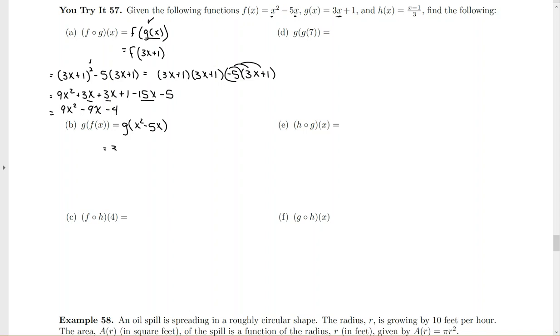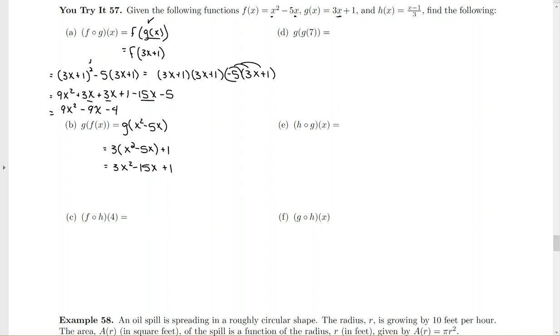So we have 3 times (x squared minus 5x) plus 1. And again, the simplifying part comes down to distribute, combine like terms if possible. So I have 3x squared, 3 times negative 5, negative 15x, and then the plus 1.